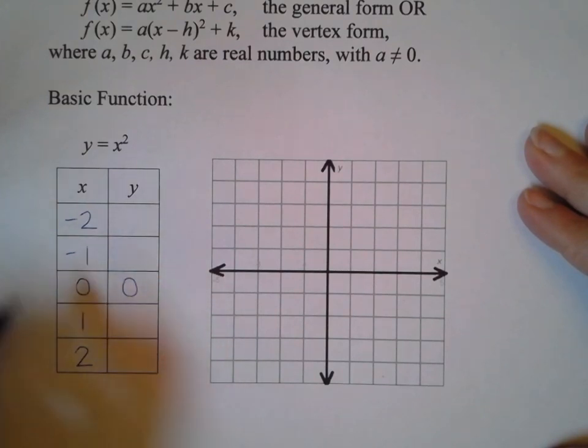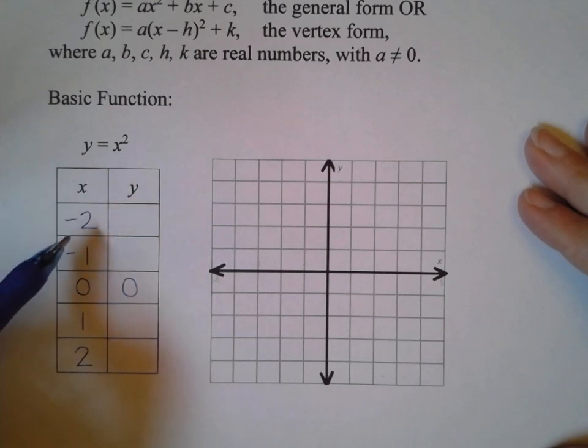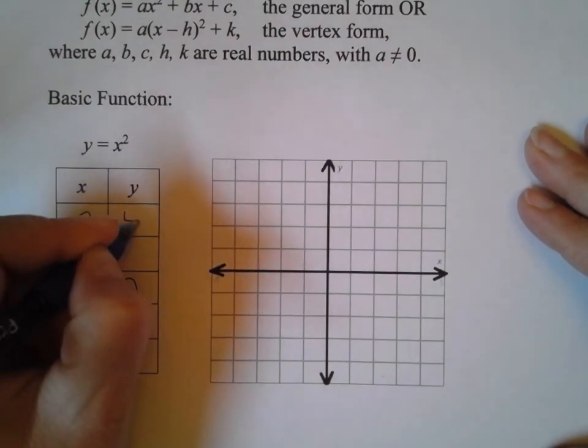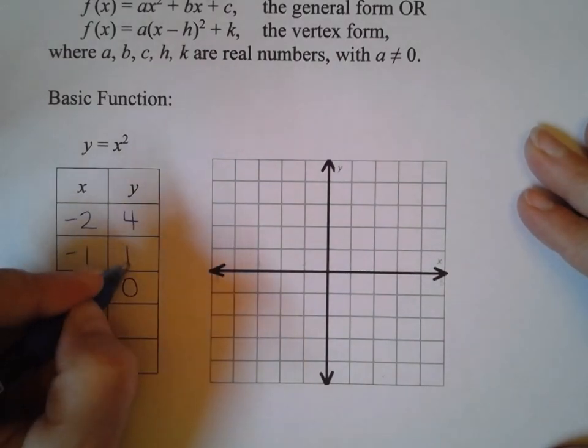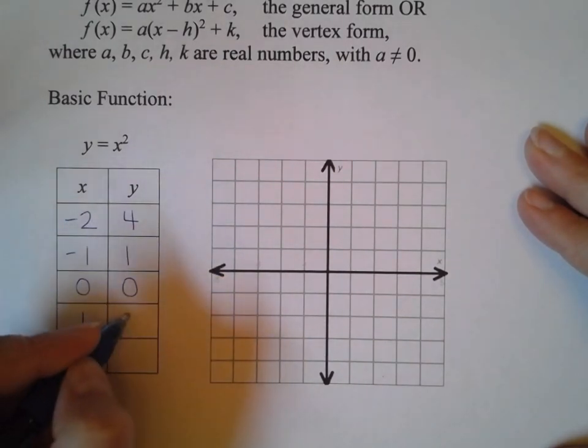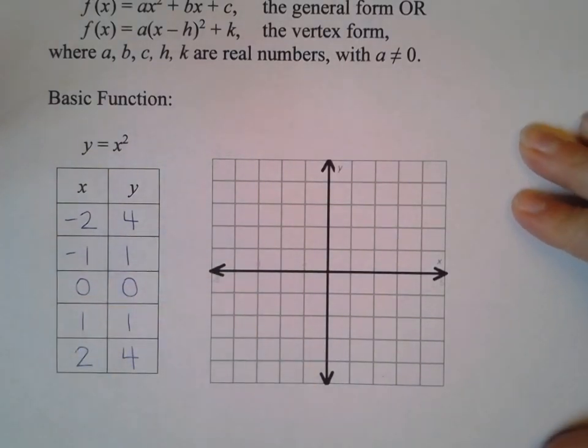For all the x values we choose here, we're going to plug them in and square them. When I square a number like -2, it's like saying -2 times -2, and that is always going to return us a positive number. So +4 here, +1, +1, +4.